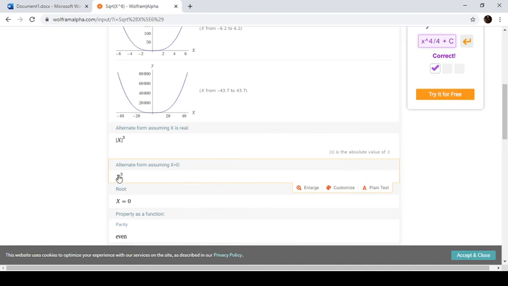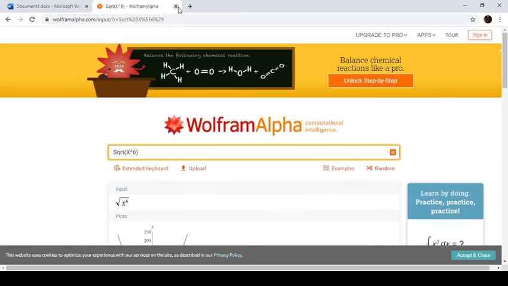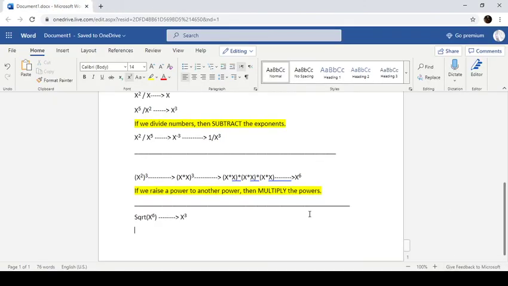Okay? So there's our rule. If we take a root of a power, then divide the power by the root. And there's our last rule.